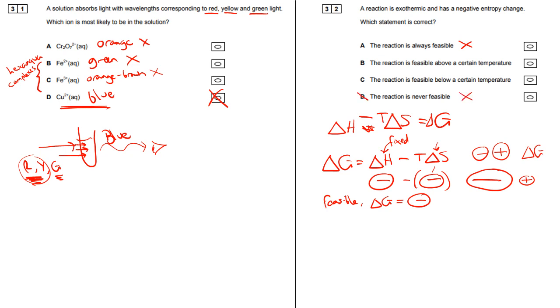So that rules out answer A and D. So what would cause the reaction to be feasible? Well, if the reaction is exothermic, what would cause the reaction to be more feasible? It's going to be more feasible if the temperature is reduced.